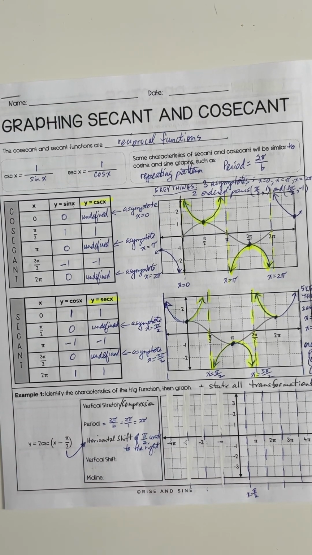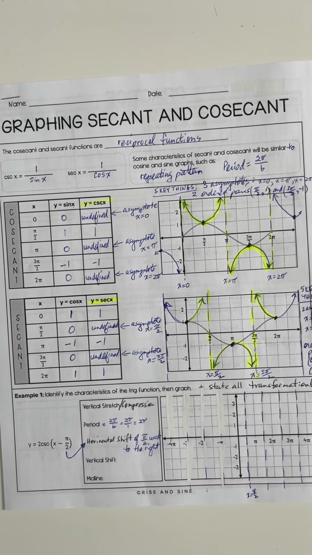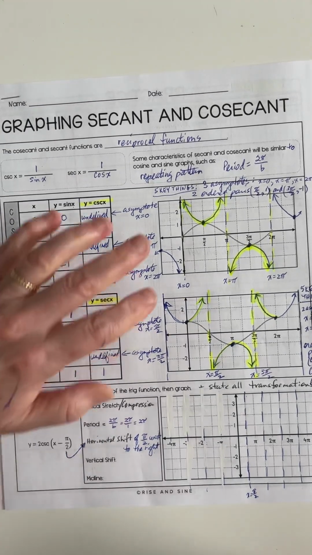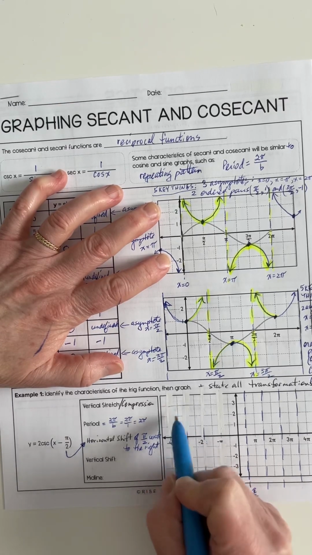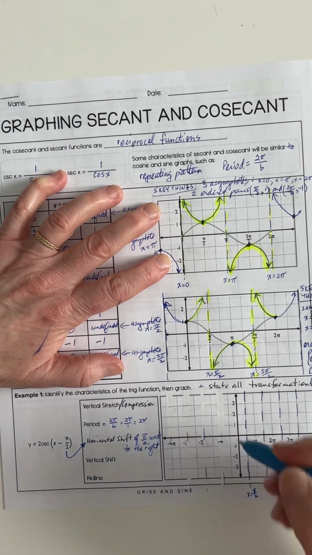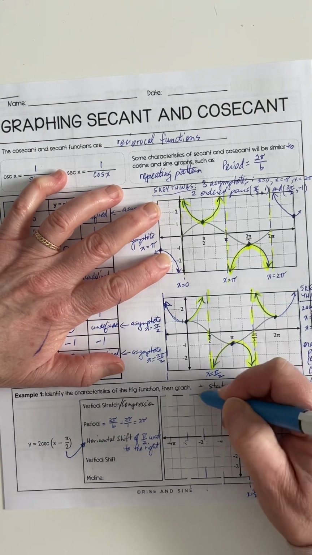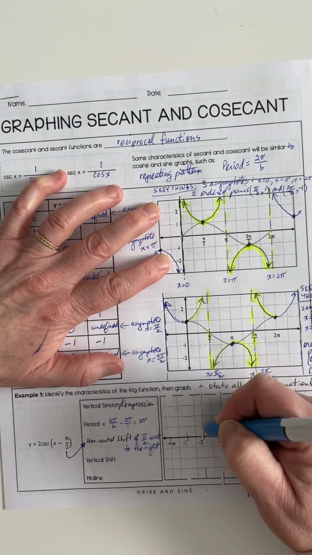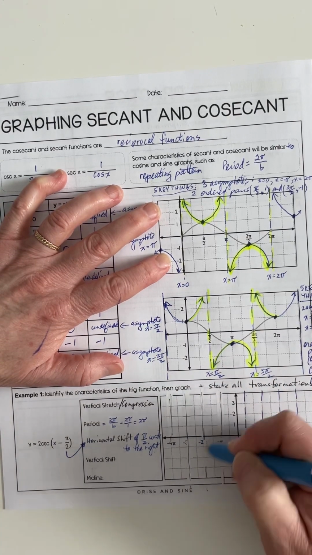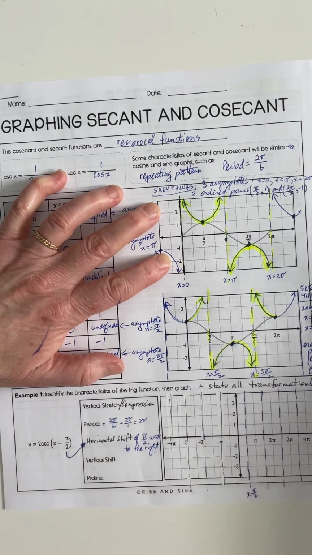We need some grid marks. Grid marks in black back here. These are just the grid marks I'm putting back on because I made a mistake. All right.